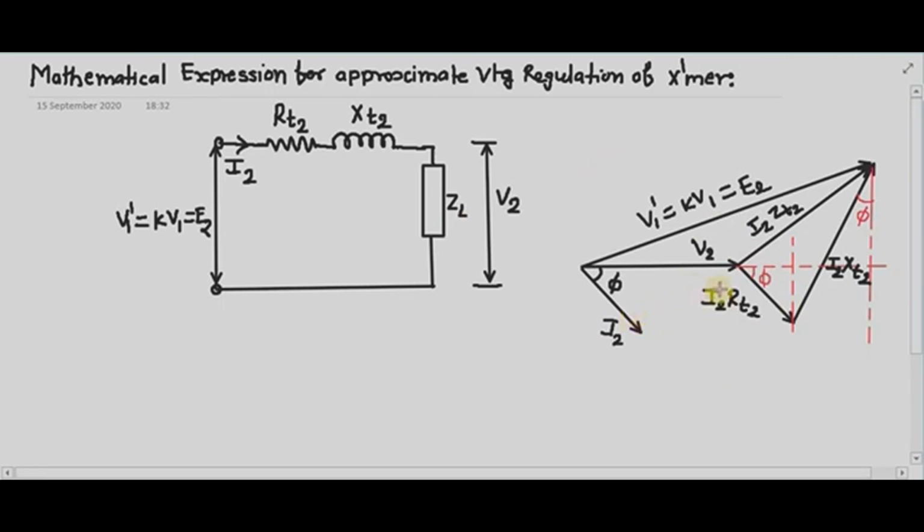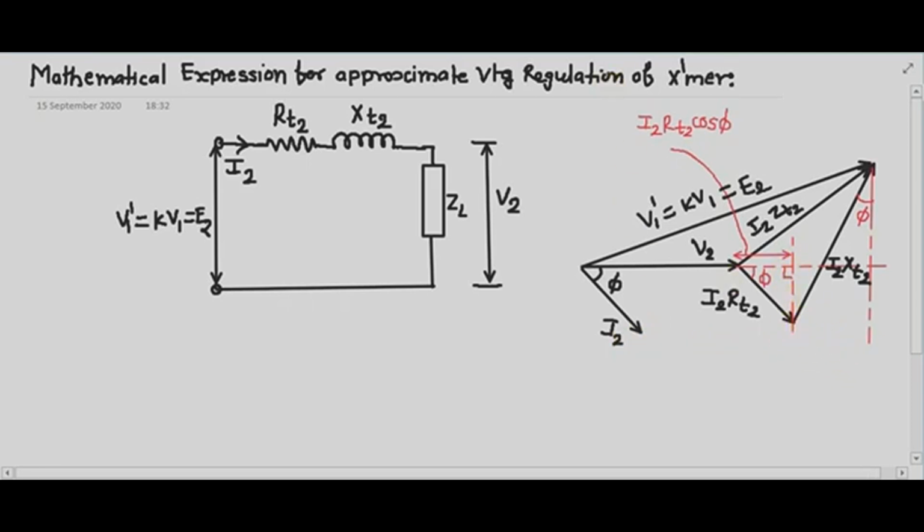Okay, again phi. So what is this vector? This is nothing but a right angle triangle. This length will be I2 RT2 cos of phi, because this angle is 90 degree, right?